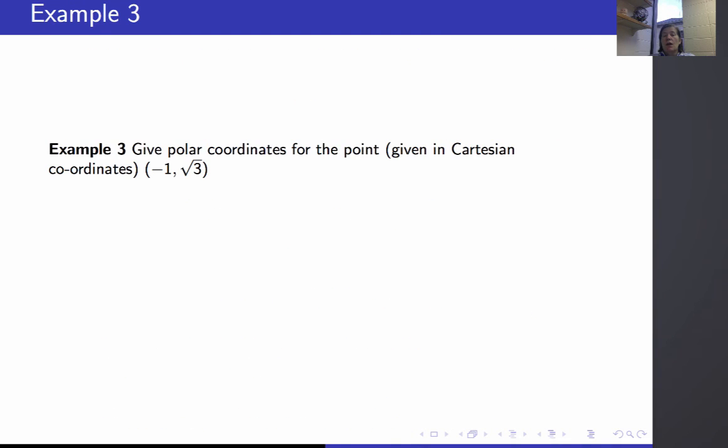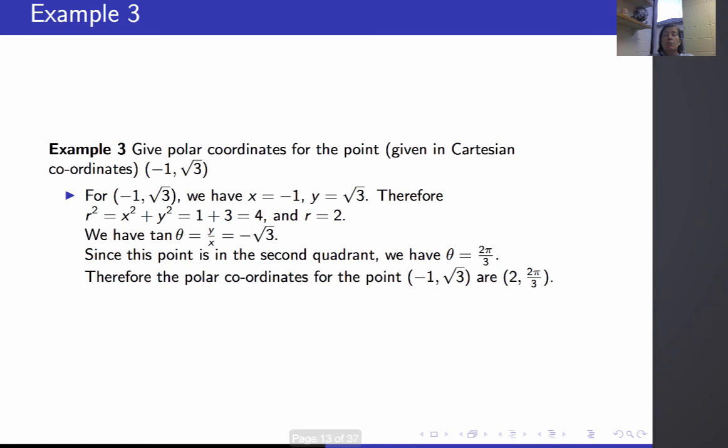And let's try one last example. Suppose I'm given Cartesian coordinates x equals minus 1, y equals the square root of 3, and I'd like to find polar coordinates for this. Again, r squared is x squared plus y squared, which is 4, so r has to be 2. And we also have tangent of theta is y over x, which is minus the square root of 3.